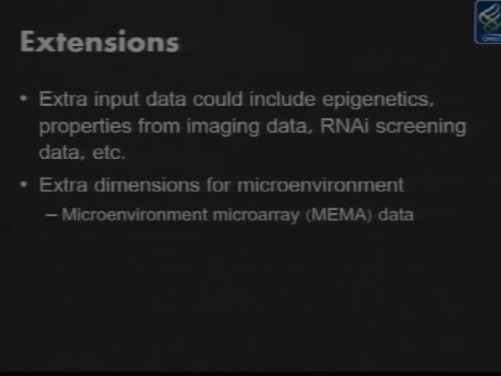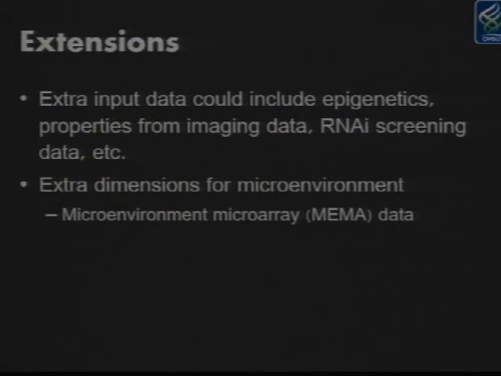Also, we can think about what other dimensions we could have on this tensor. Maybe the cell line is not responding to the drug just because of its genetics or because of the experimental conditions that I put in there. Maybe there's something about the microenvironment in which it's grown, and we can add an extra dimension detailing the surrounding of the cells, if it's grown in a different type of culture or a different extracellular matrix or different signaling factors around it.